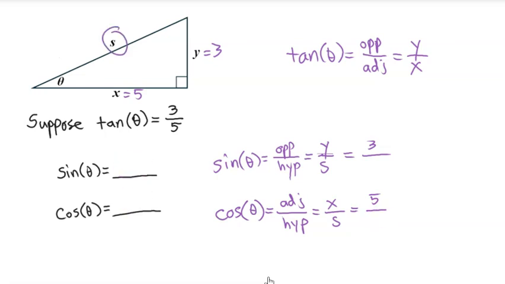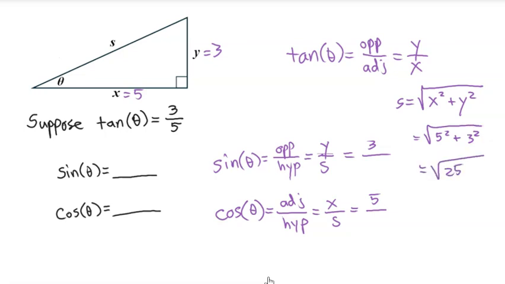So let's find s. We use the Pythagorean theorem: s is equal to the square root of x squared plus y squared. x is 5 and y is 3, so this is the square root of 5 squared plus 3 squared. 5 squared is 25 and 3 squared is 9, so this is the square root of 25 plus 9, which is the square root of 34.